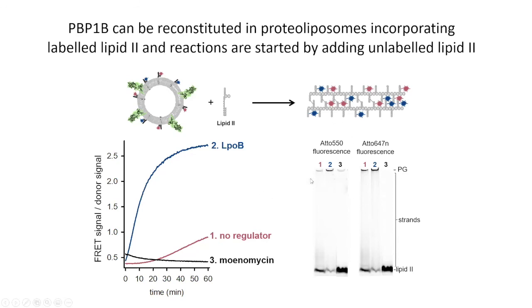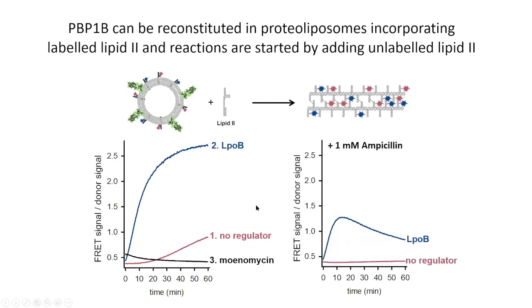Both probes were incorporated into PG, and we also could detect inhibition with ampicillin. One important thing is that reactions in liposomes were slower than in detergents, and to have a decent activity you require the activator. We think this reflects what happens in the cell. So it's important to test your reactions in a more physiologically relevant environment.